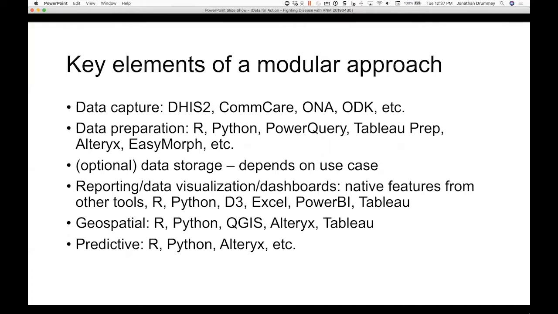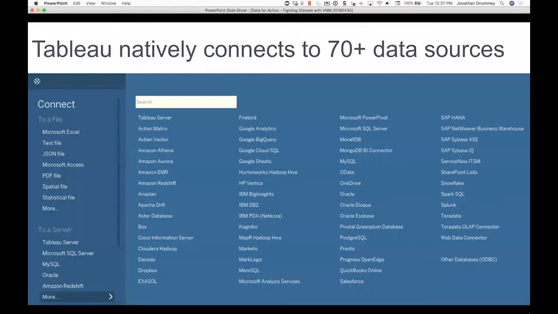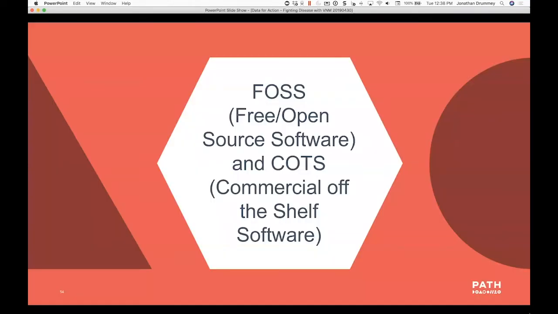And in our case, in thinking about the tools that we use, like Tableau, for example, Tableau natively connects to 70 different data sources. So it was a tool that was designed from the ground up to not be in a homogeneous environment, but to be in a heterogeneous environment where it could connect to any number of different things, and then also having tools to enable users to build more connectors on their own, like the web data connector technology in Tableau. And the other tools that we use, like Alteryx, are very similar for that.